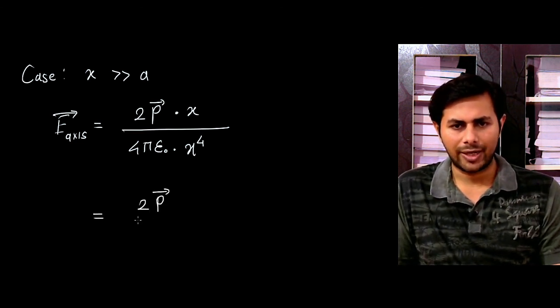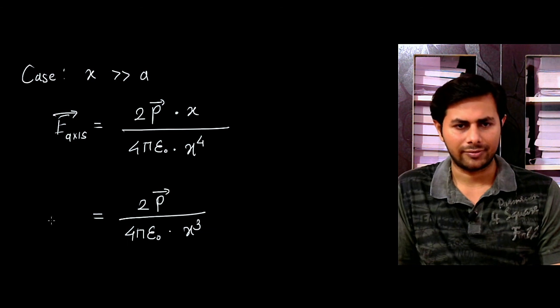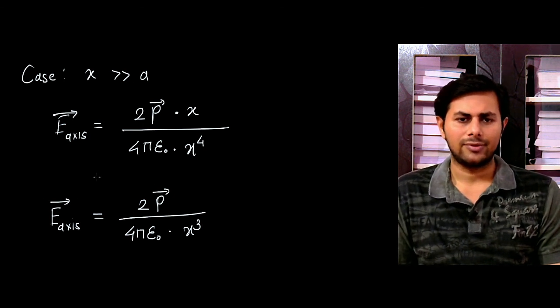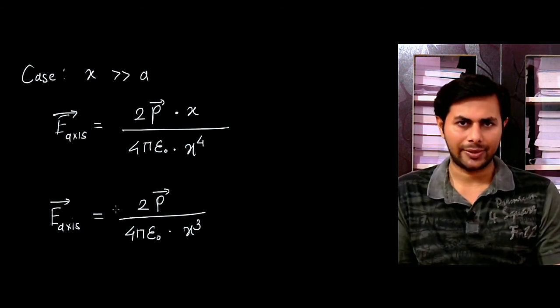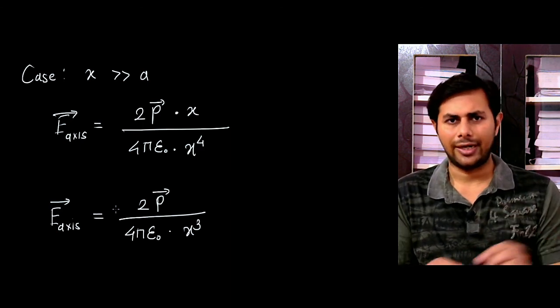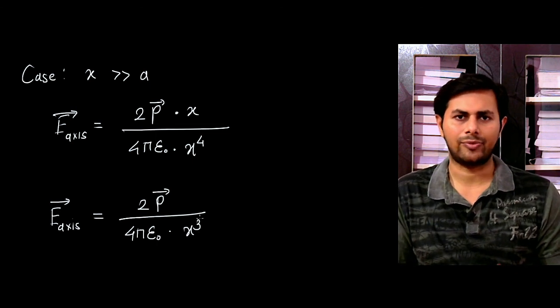So 2 times p bar over 4 pi epsilon naught multiplied by x raised to 3. Okay, so this is the formula for the electric field due to a small electric dipole at a point on its axis, which is at distance x from its midpoint.